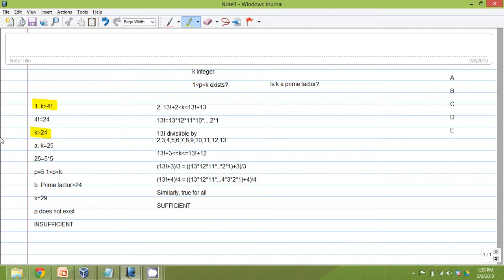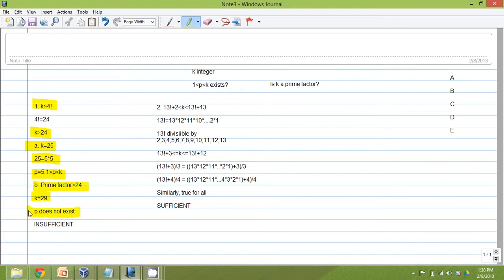So if we go step by step, for example, let's take k equal to 25. It has the factor 5. So there is a p, namely 5, which is less than 25 and greater than 1. Similarly, if you take a prime greater than 24, for example k equal to 29, then no p exists.